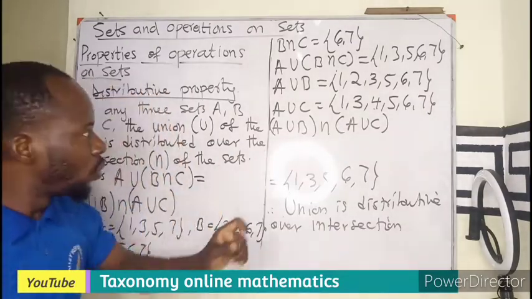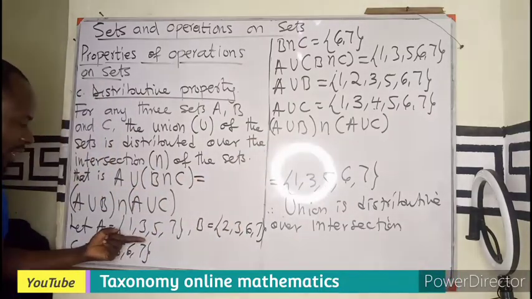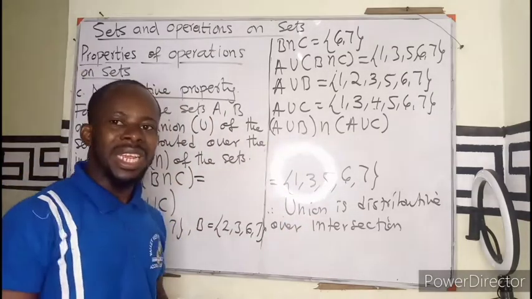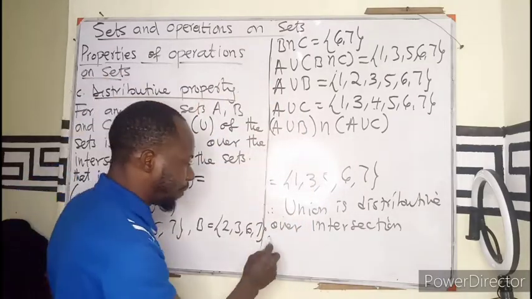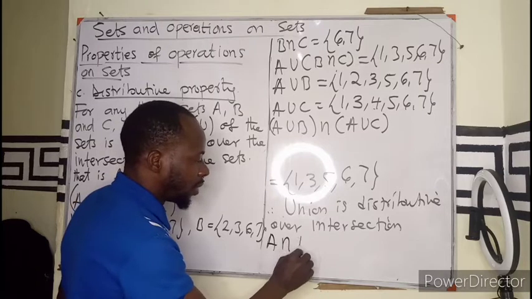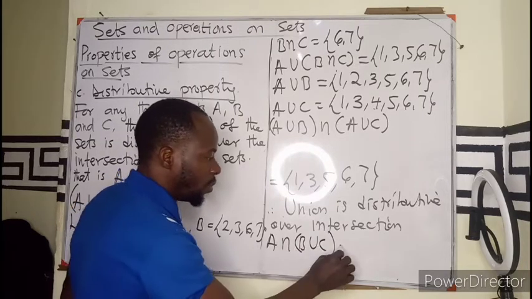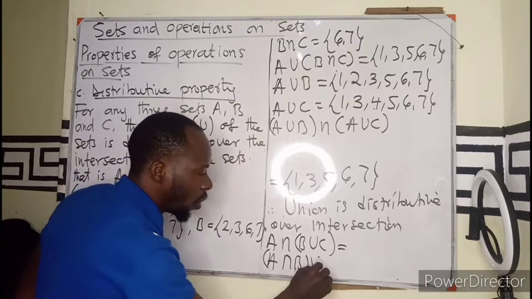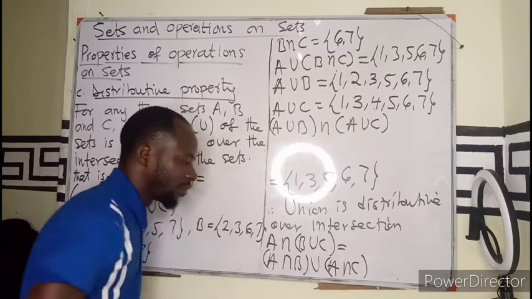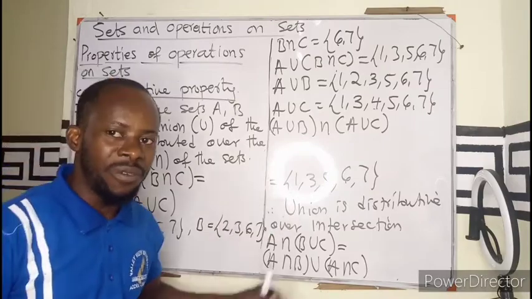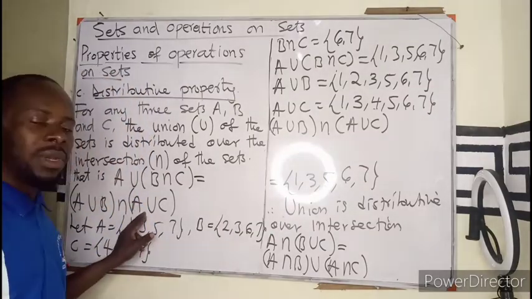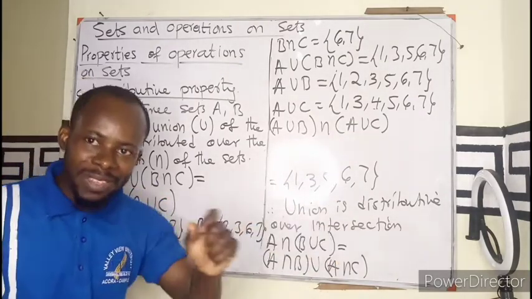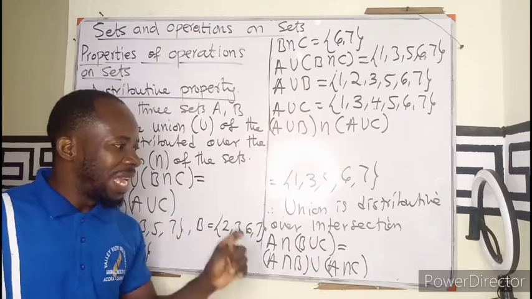I will encourage you to use the same sets A, B, C to verify that intersection can also be distributed over union, as in A intersection B union C could be given as A intersection B union A intersection C. Try and see if you can verify that intersection is distributive over union, and hit me up in the comments with your findings.